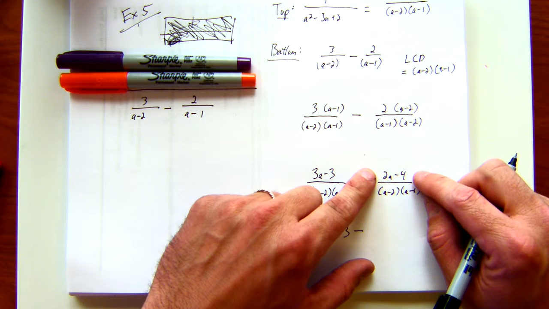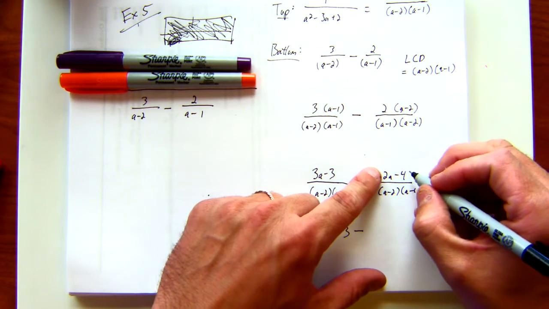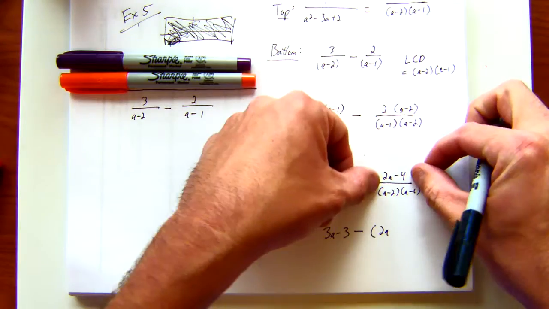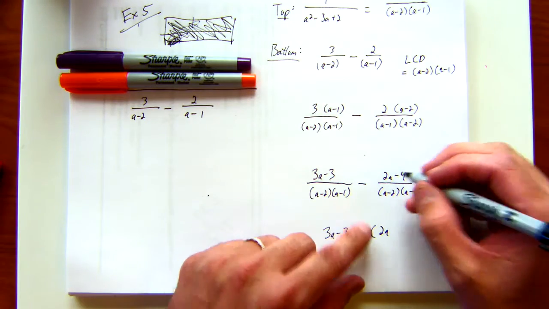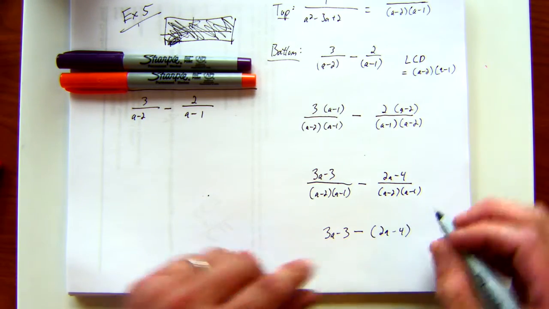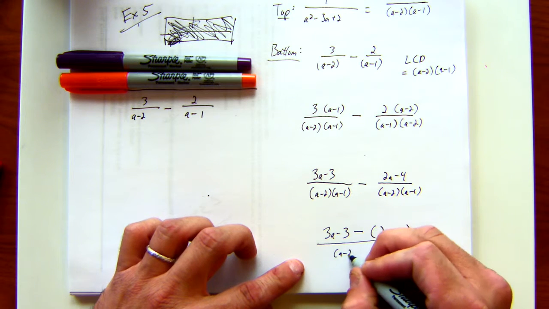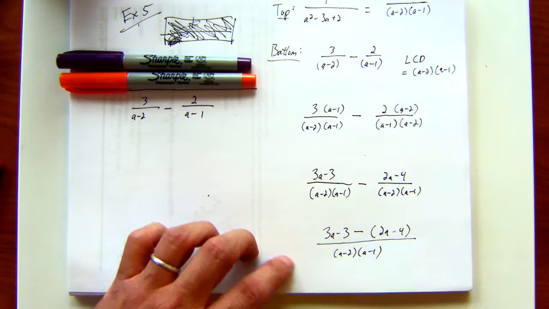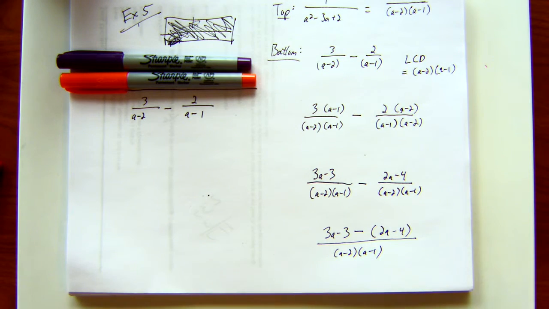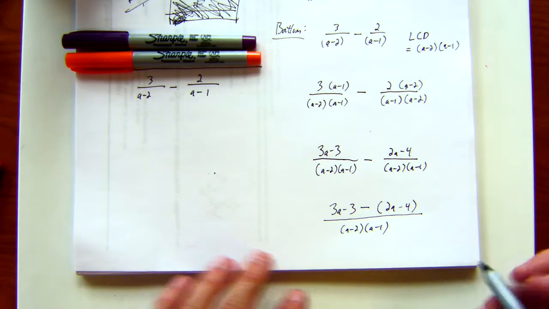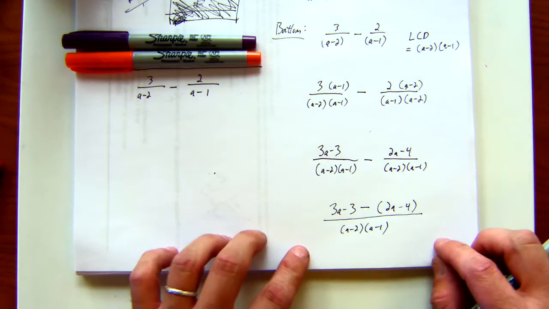Or one way to help you remember to do that is by just remember to put this in parentheses. Because I'm going to subtract the entire thing. So 2a minus 4. And then all this is going to be over a minus 2 times a minus 1. And let's see if I can squeeze it in here on the bottom.